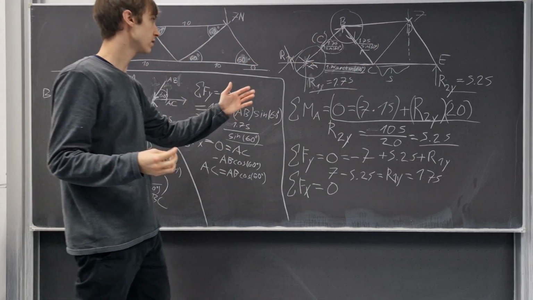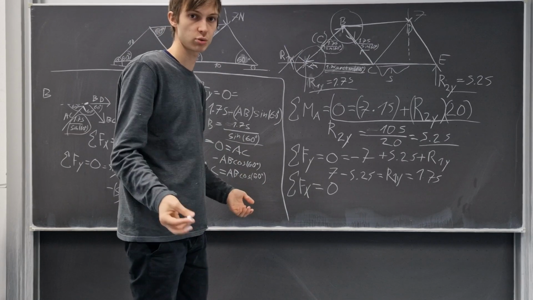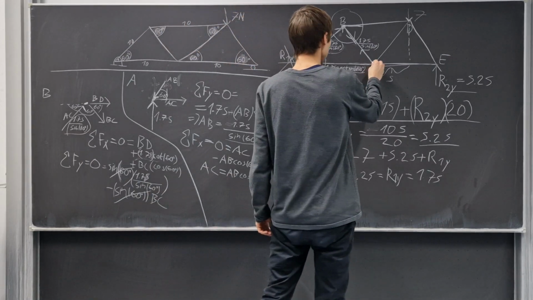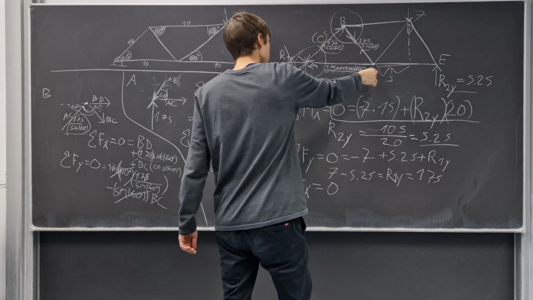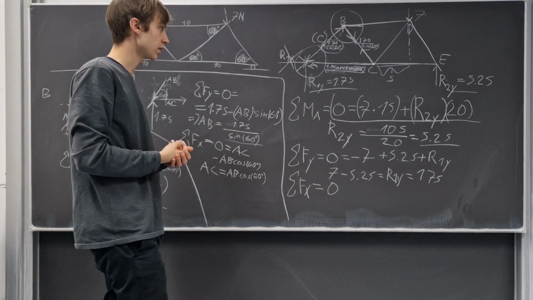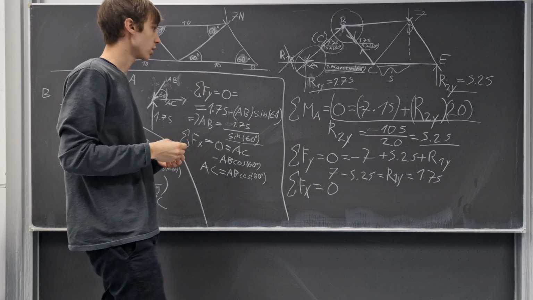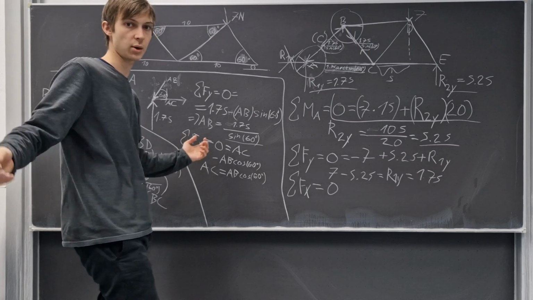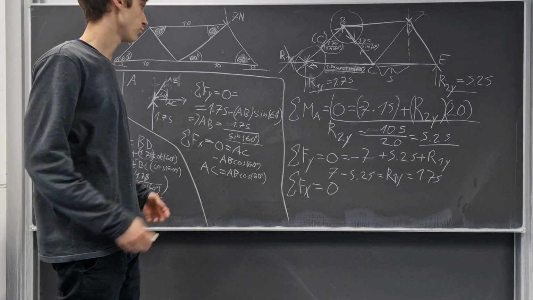Now, this is a nice thing, and we can again continue to the next joint. What we can do next is consider this joint and go further, but I'll just leave it here, and you can complete it yourself if you're able. Try it out with the idea we've presented here. Try to follow the pattern.